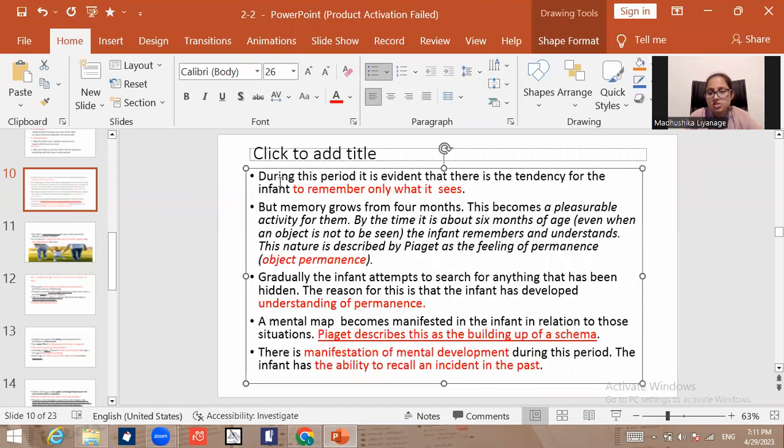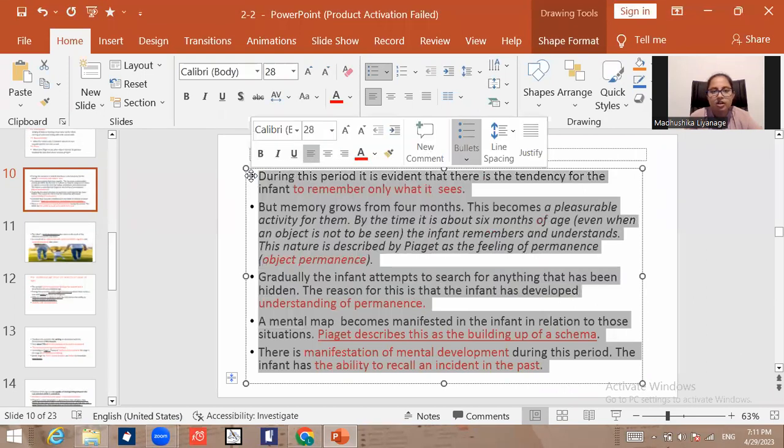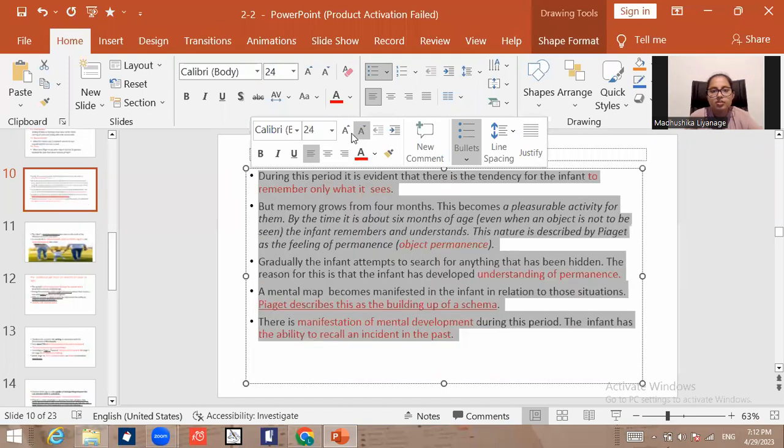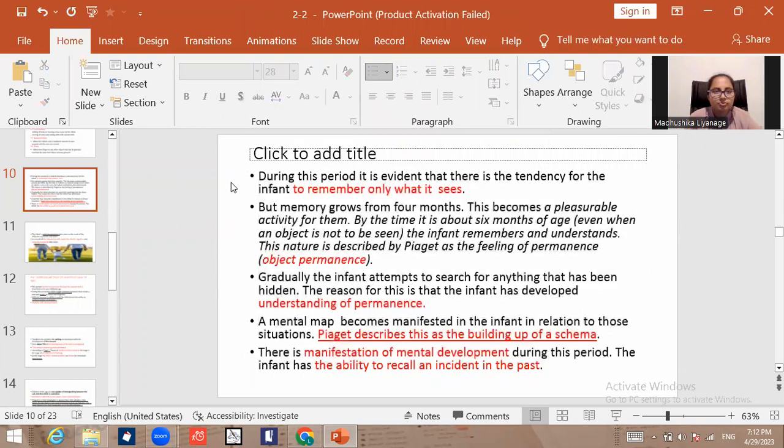Is it visible? You need to tell me. Then how can I know that? Right? Okay, quickly read this part.